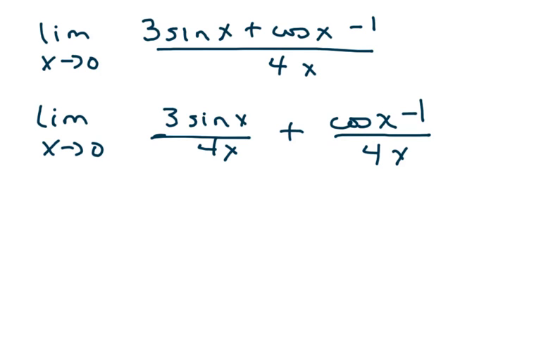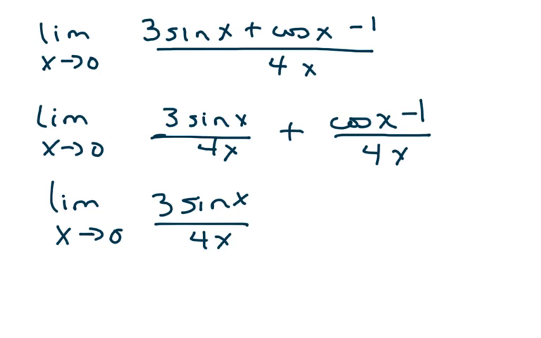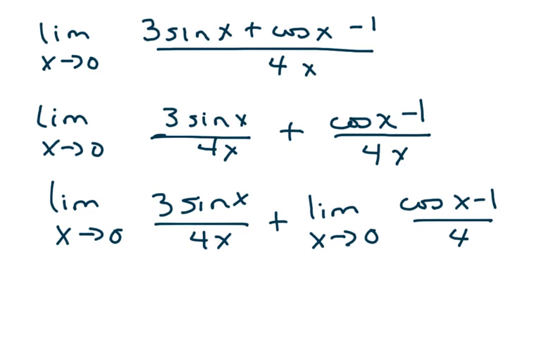Now, then I'm going to split up the limits, so I'm going to put the limit as x approaches 0 of 3 sine of x over 4x plus the limit as x approaches 0 of cosine of x minus 1 over 4x. And basically what I'm going to do in the next page is pull out this 3/4 and the 1/4.